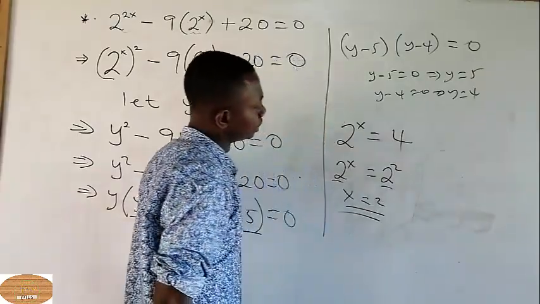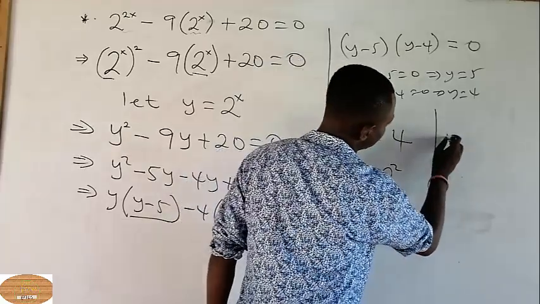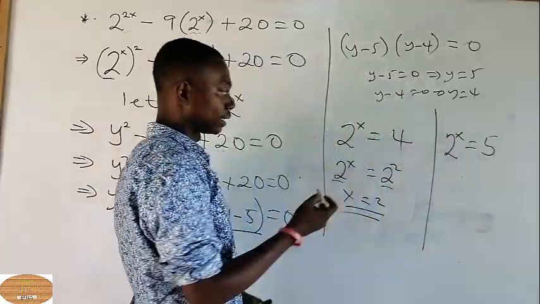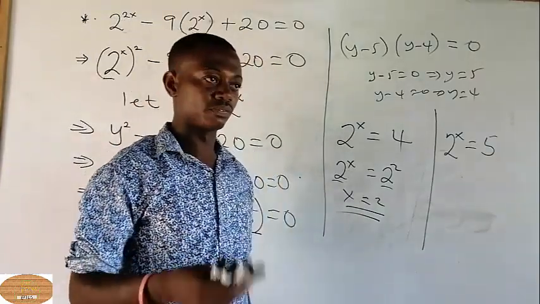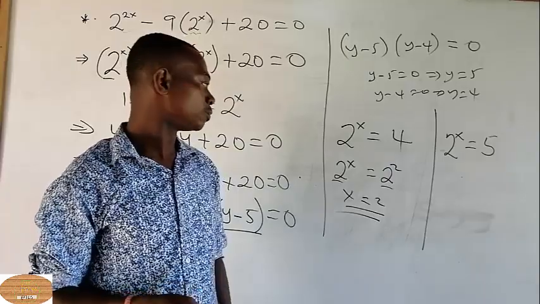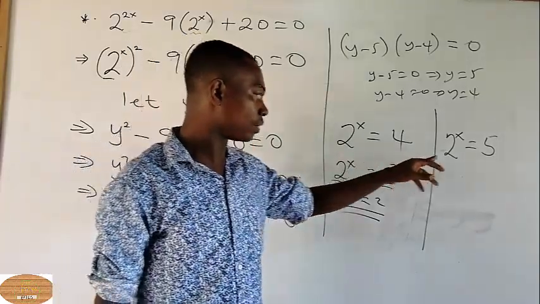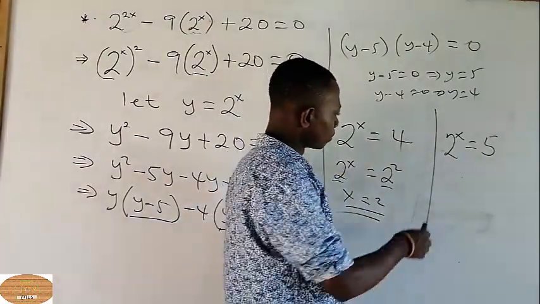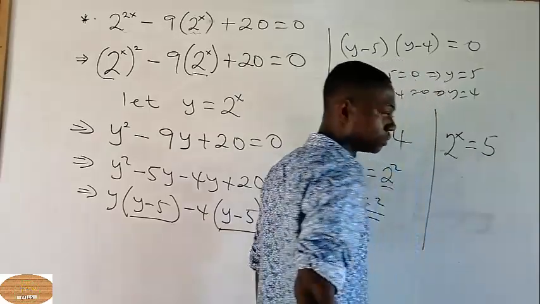Now let's move on. 2 to the power x equals 5. Now this one, we have to apply logarithm, which we've not done yet, which will be in our next lesson. We are going to teach how to solve equations of this nature by applying logarithm on both sides.